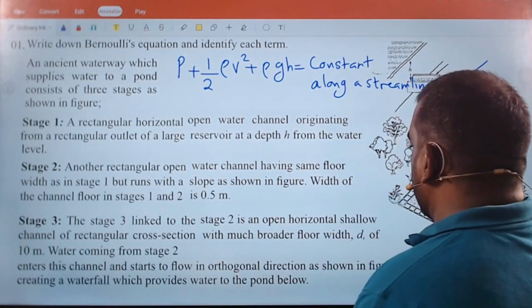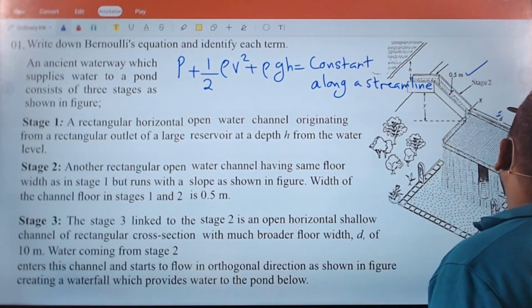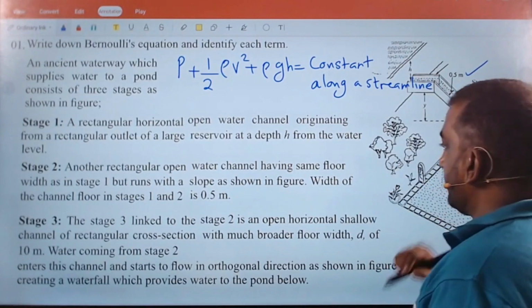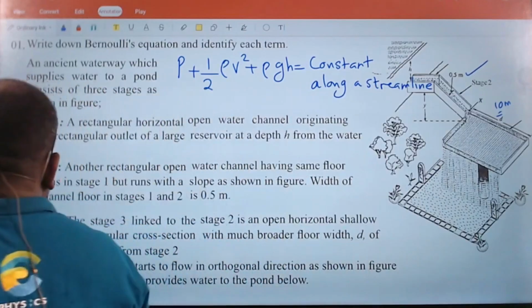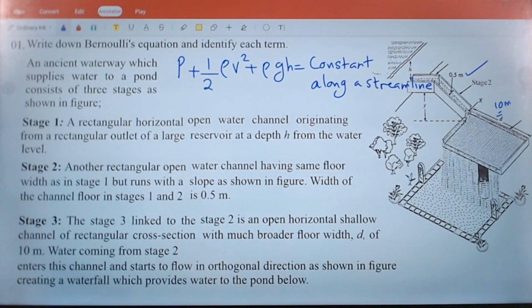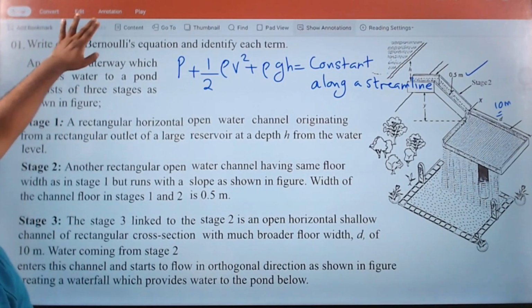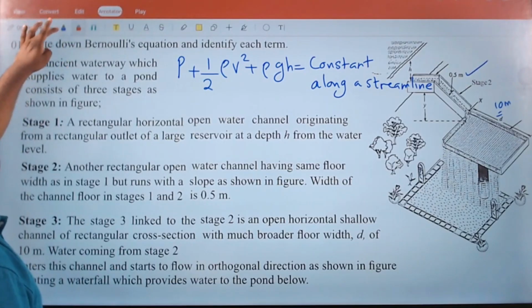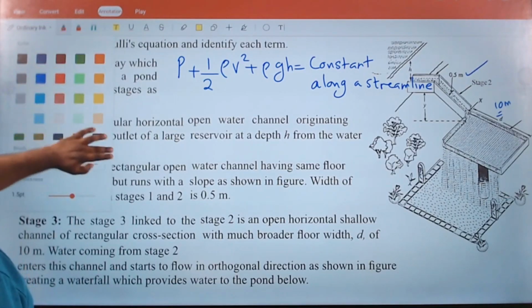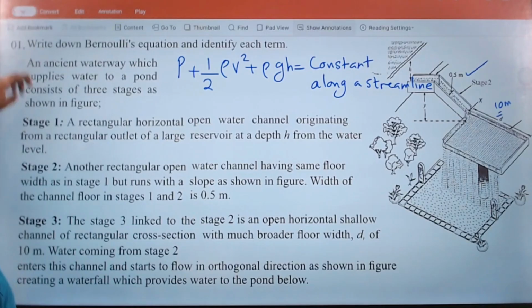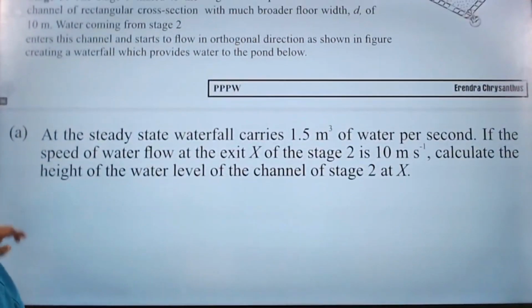So here 10 meters. Okay. First question.